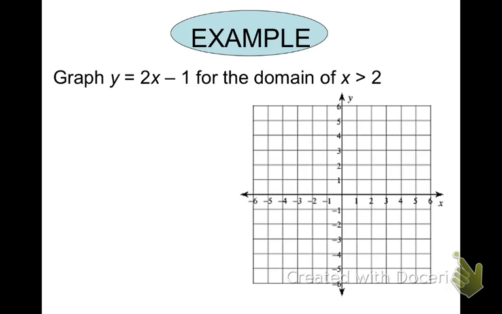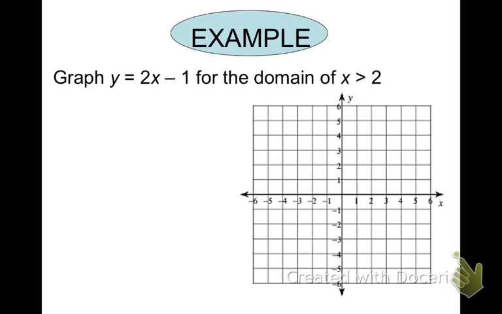So if I were to graph it for the domain of all real numbers, that would just be a nice straight line. Put arrows at the end of it, call it a day. But now I want to think of it as just a piece of that line, a section of that line, for x greater than 2. Now you can visualize in your head what that graph looked like. It was kind of looking like this. But I want all values to be greater than 2.